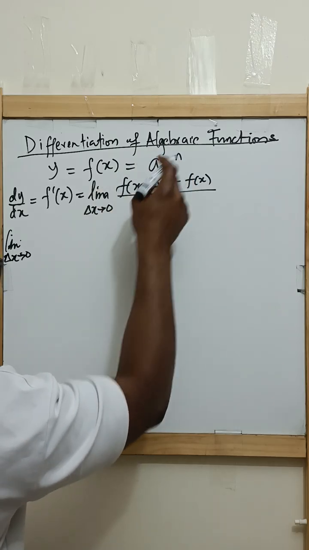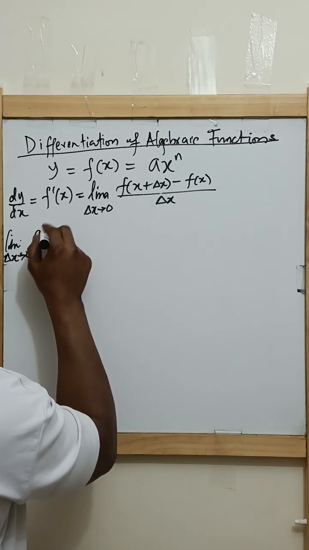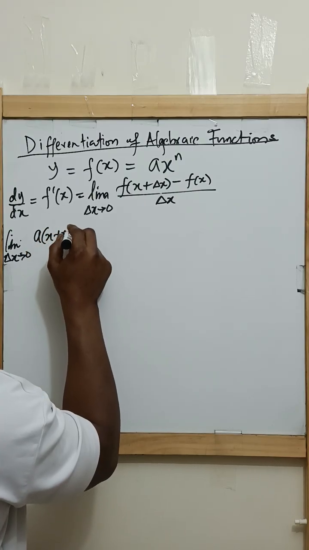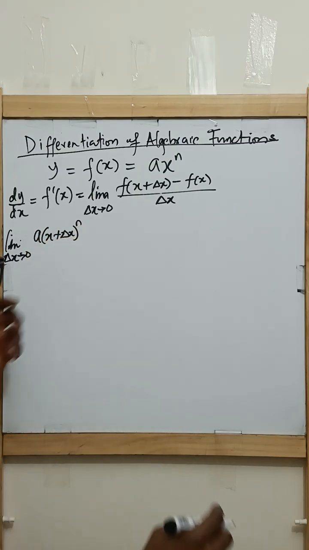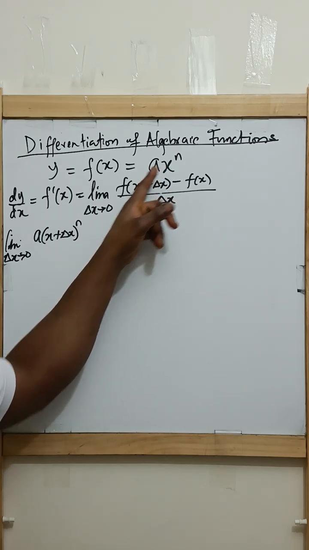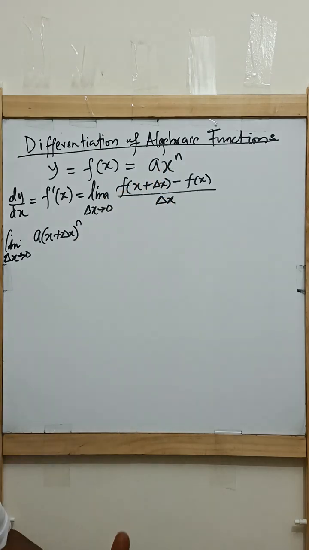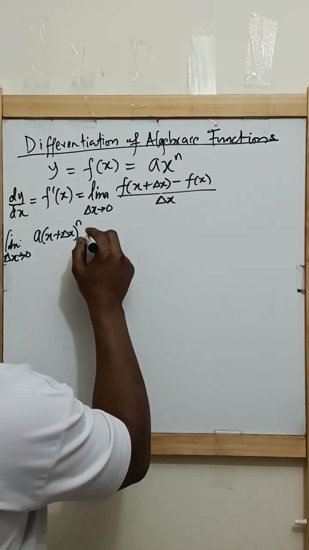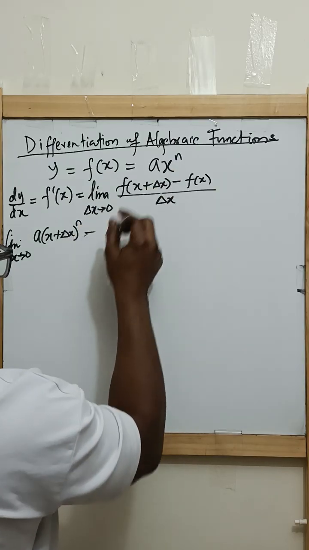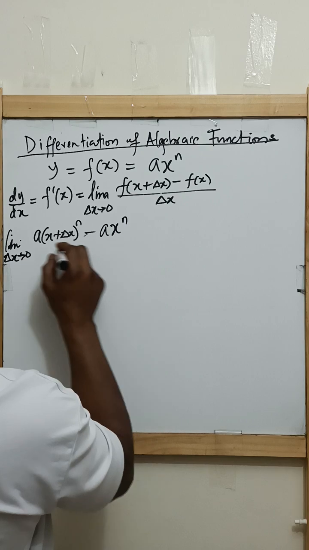Writing this in this format is going to be a times x plus delta x raised to the power n. That is, whenever we see x, we put this x plus delta x there. Now minus f of x. f of x is of course ax raised to the power n.